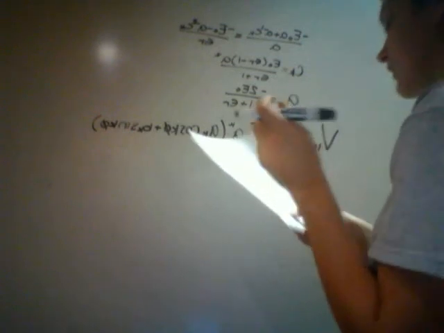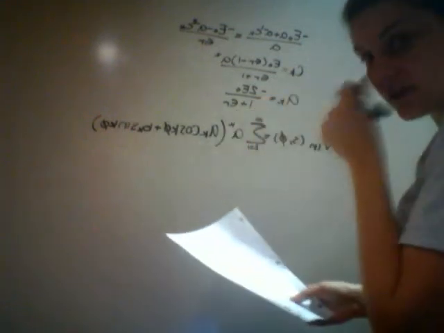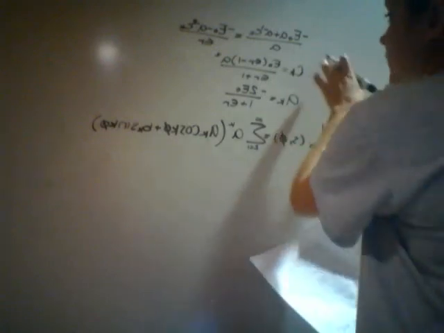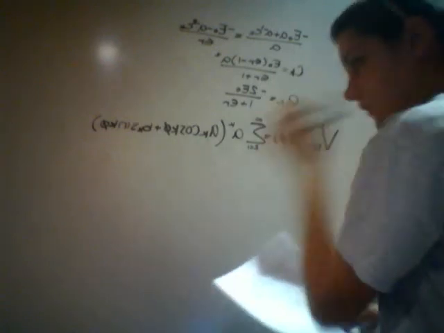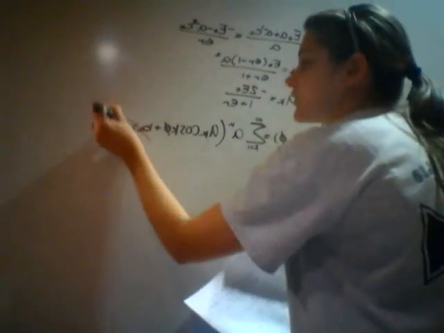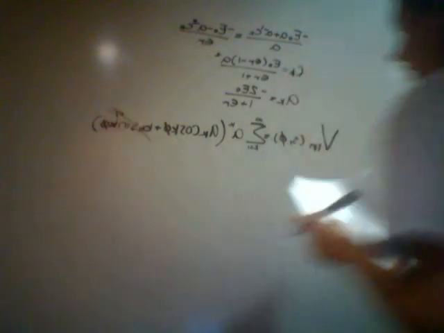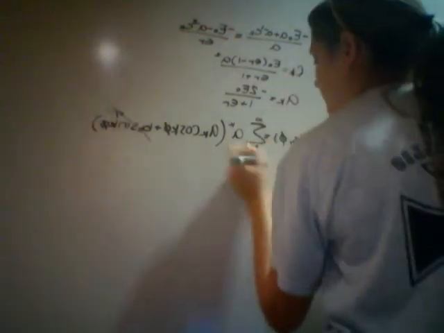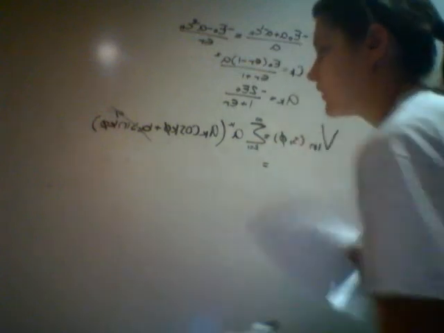And remember, we set our bk's and our dk's equal to 0 when we came up with the equations for these. So since our bk equals 0, it cancels out this term. And you're left with, I guess we have to rewrite it.